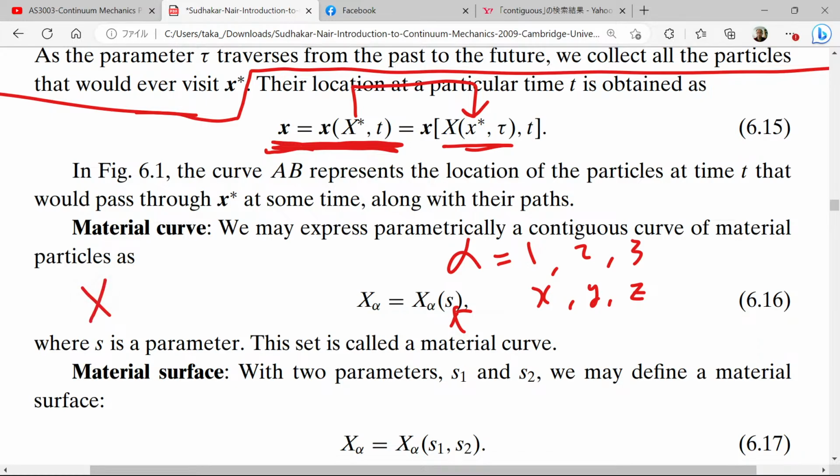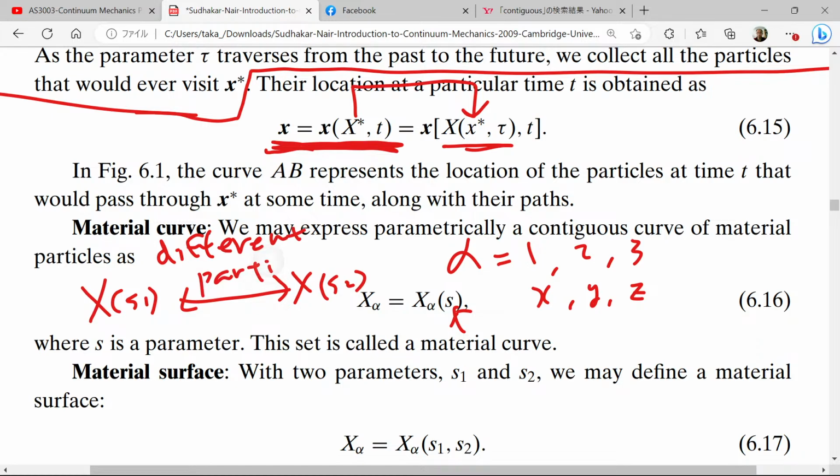We can remove alpha: x s1 and x s2 are different particles.